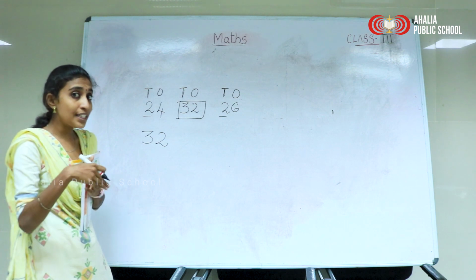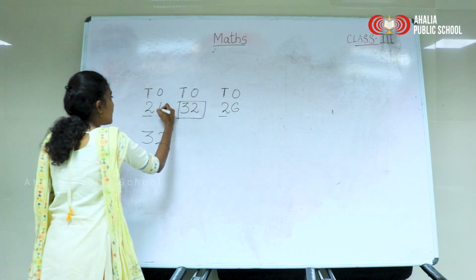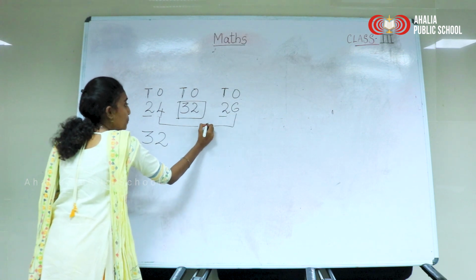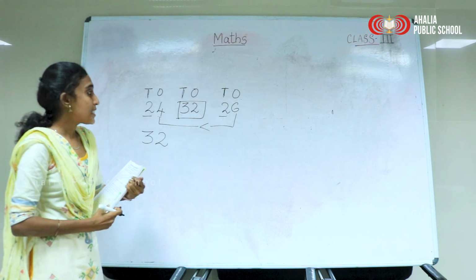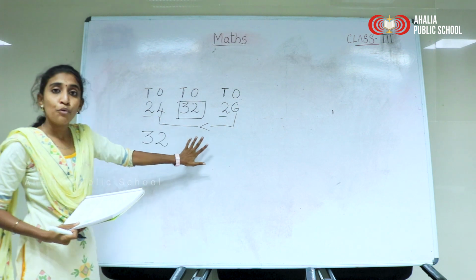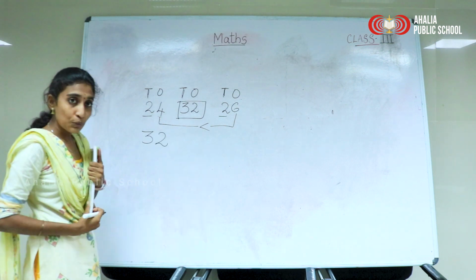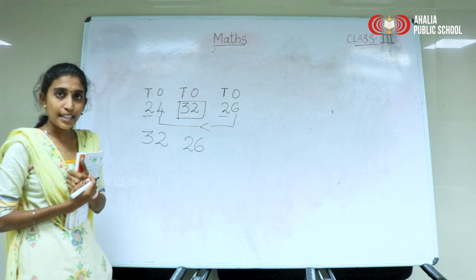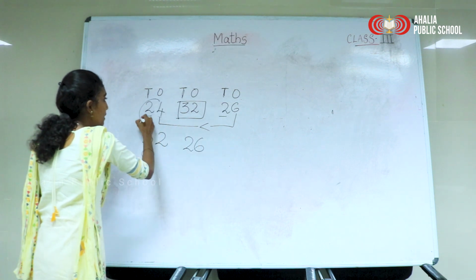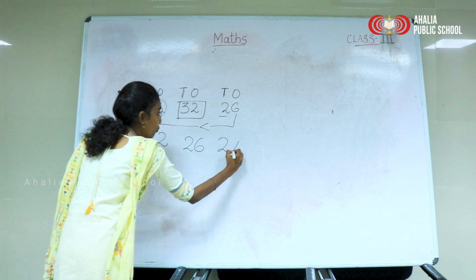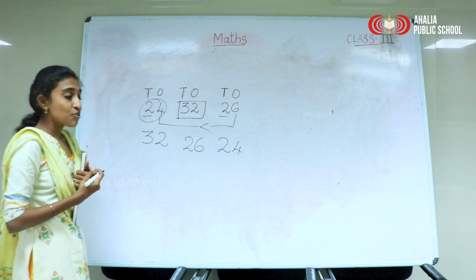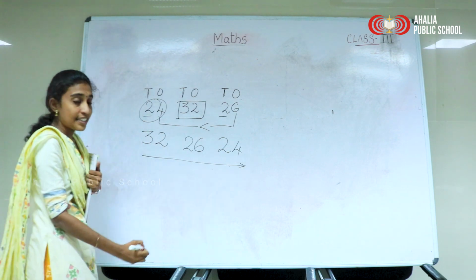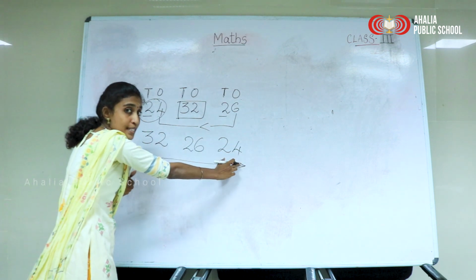So we are moving to the next place value, that is ones place. 4 with 6. 6 is greater than 4. So we conclude that 26 is the next greatest number. And what is the remaining number? 24. Okay, so this is the way we write the descending order.